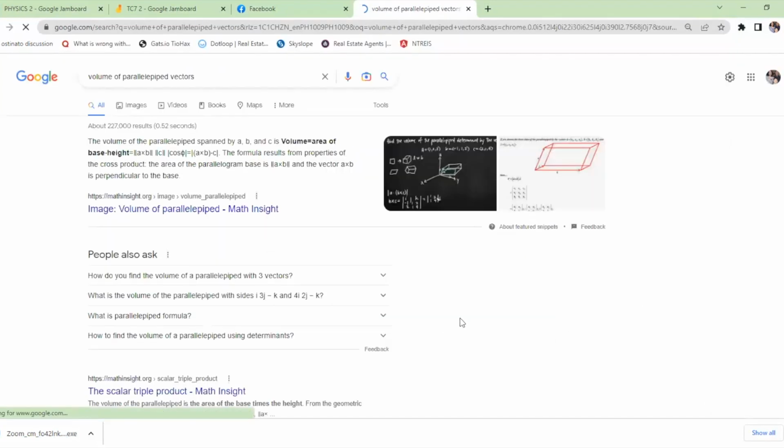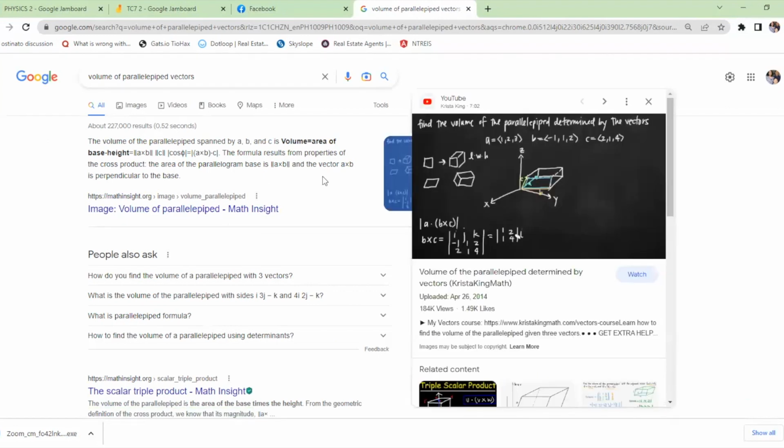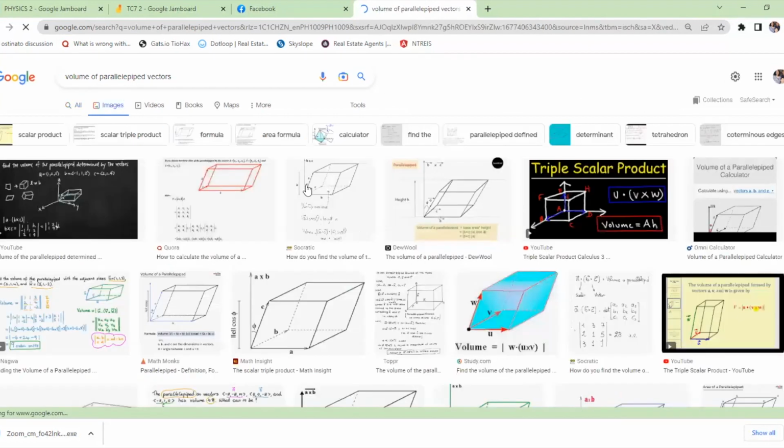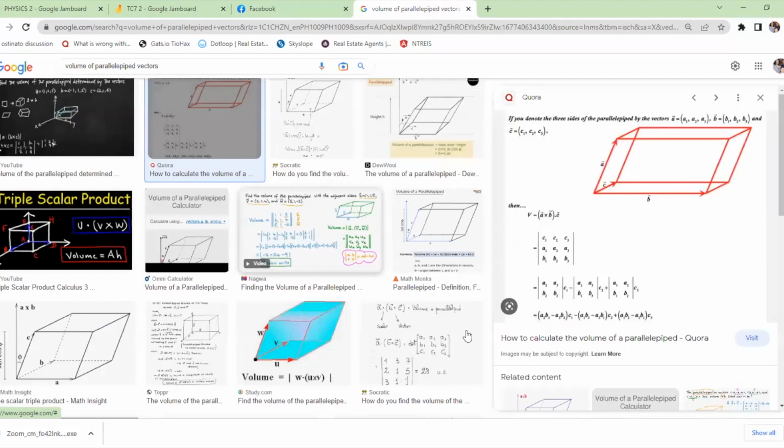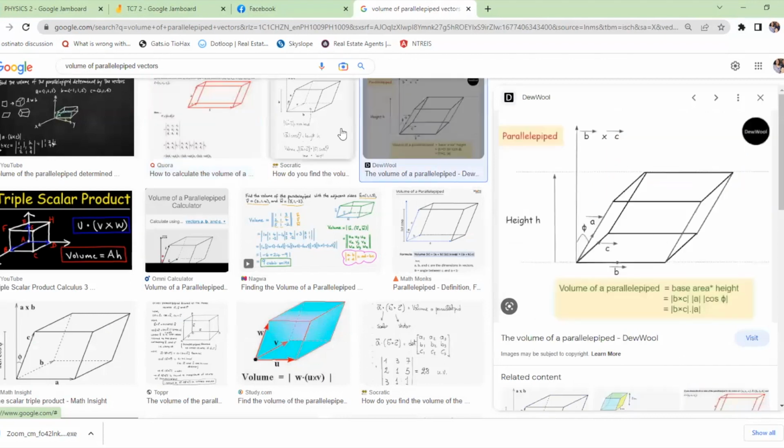Check ko lang yan. Bakit ganun yung nakuha nating angles? A cross B sine theta, so yung angle between A cross B and C, cosine.